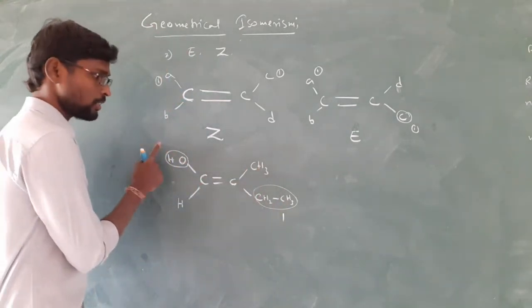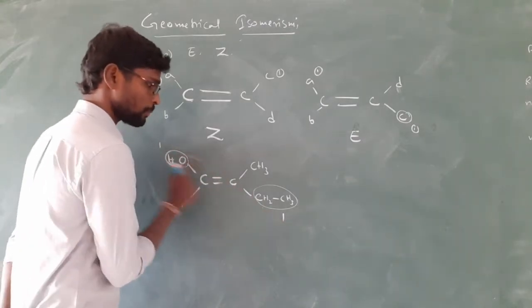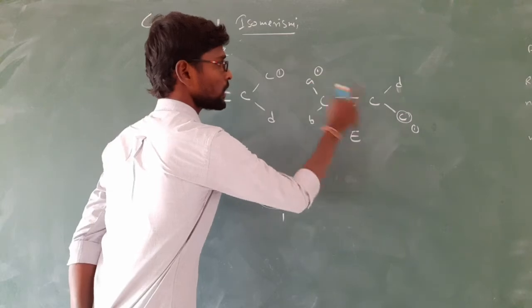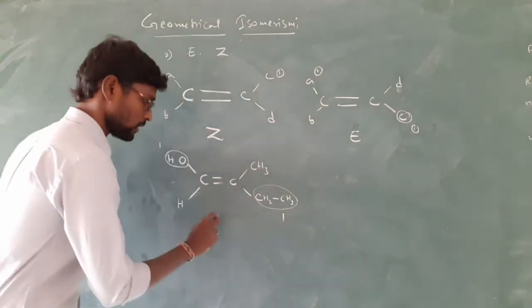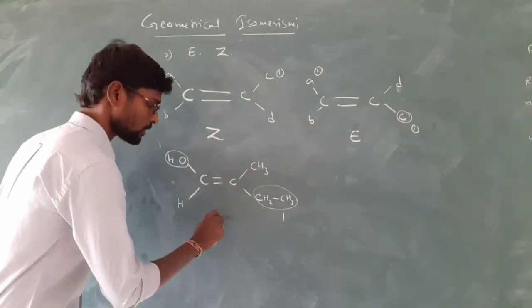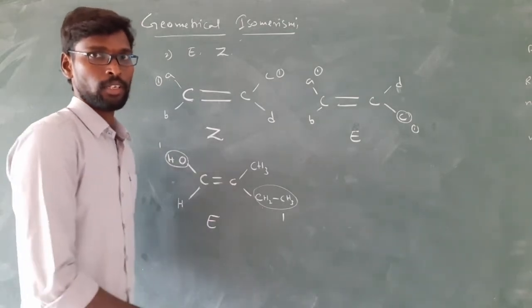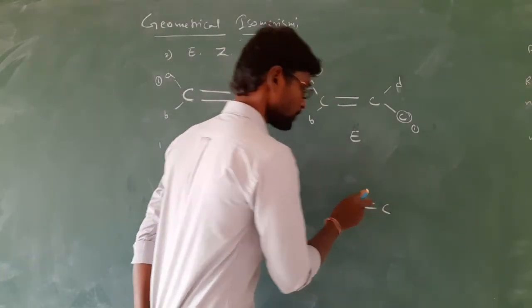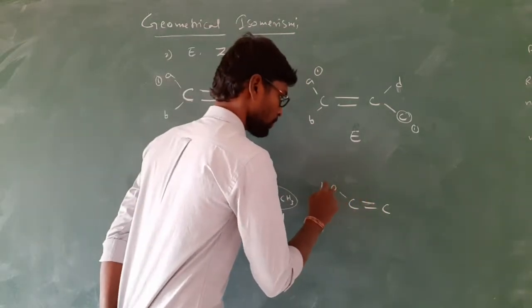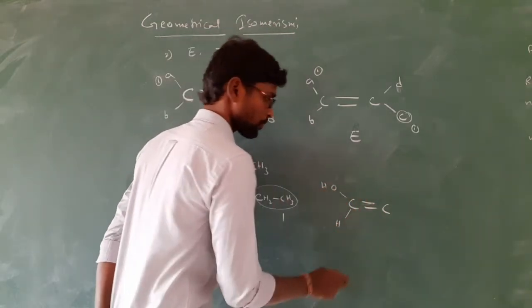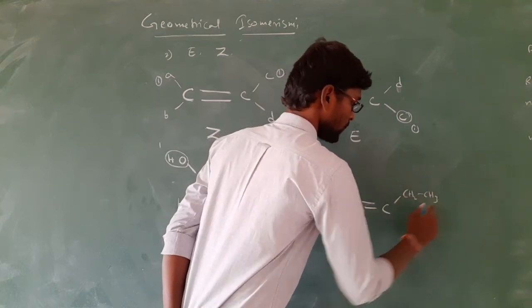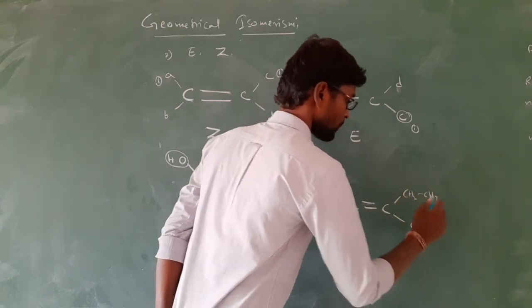So now these two 1, 1 are at opposite sides. Then go for the E concept. So this is pronounced as E, prefix E. Now if you write the same on carbon, here OH is there, and here H, and here C2H5, CH2, CH3 is there, and here CH3 is there.